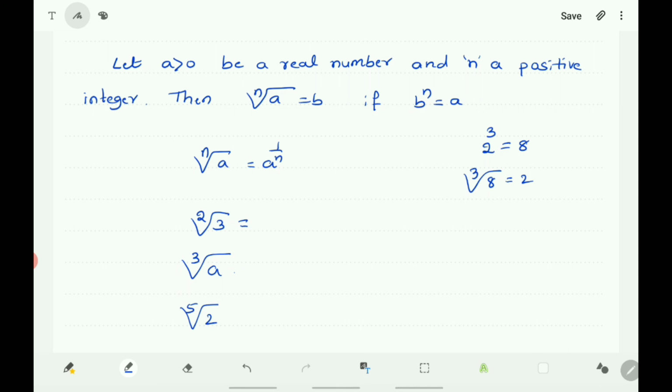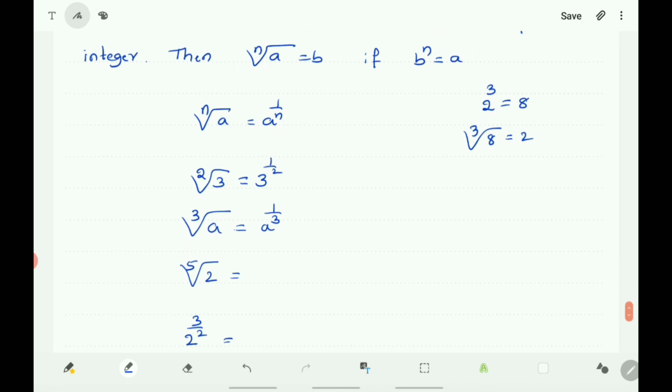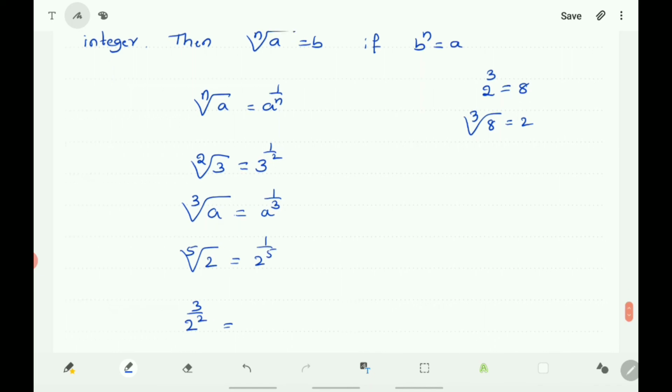And nth root of a, in the exponential form, is a to the power of 1 by n. Similarly, square root of 3 in exponential form is 3 to the power of 1 by 2. And cube root of a in the exponential form is a to the power of 1 by 3. Fifth root of 2 means 2 to the power of 1 by 5.